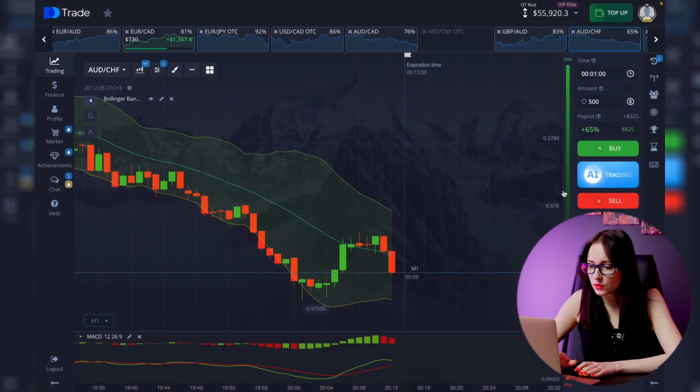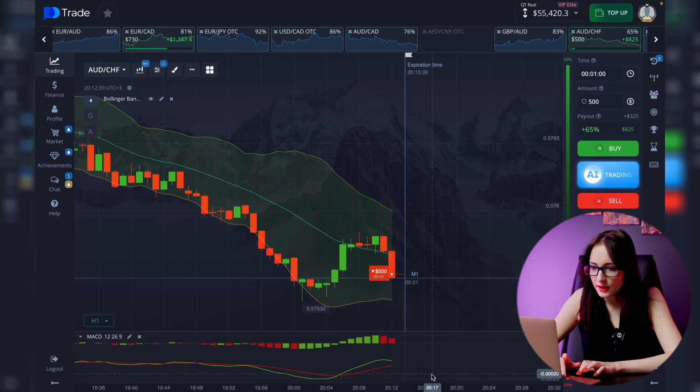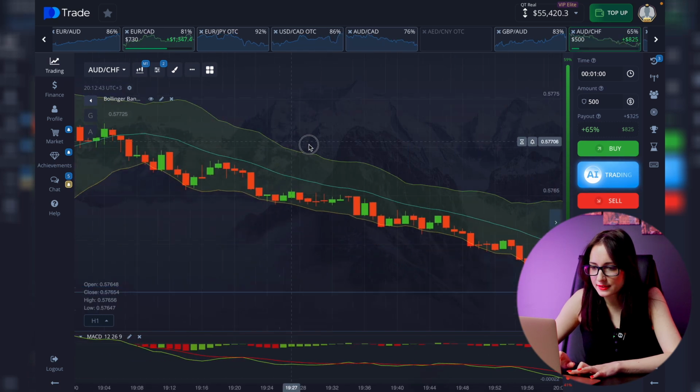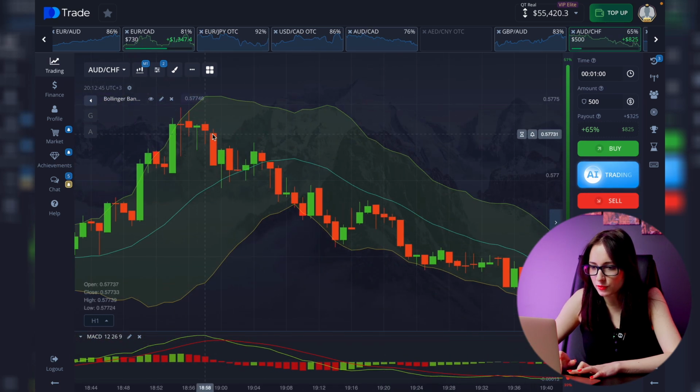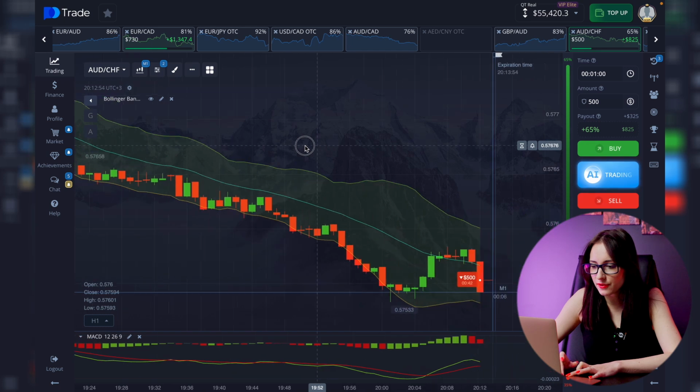Okay, this is it. I can open a quick sell position. Seeing here a continuous development of a downtrend. The price touched the upper band. Of course, overbought conditions were there, and it reversed, and gradually you can see how slowly the price of Australian and Swiss franc drops.